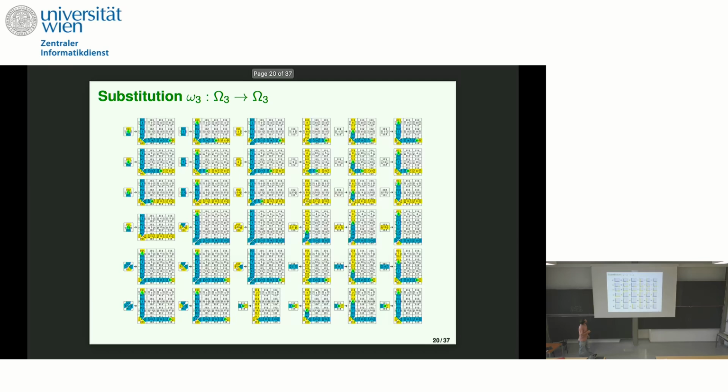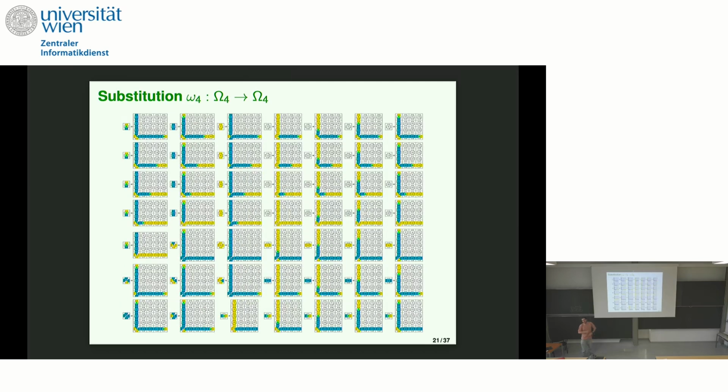N equal 3, you get this. N equal 4, etc. Okay? So always the size is n plus 1 times n plus 1 for the image of the junction tile. The image of the white tile are the small ones, so it's n times n. And these are n times n plus 1 or n plus 1 times n, right?